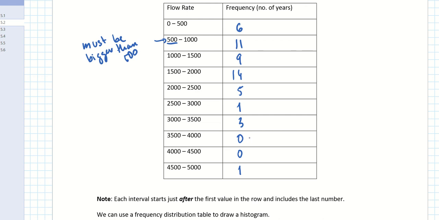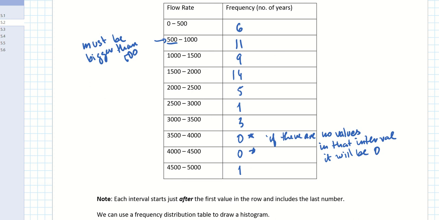So if you don't have anything, you're going to include a 0 here because you need to graph this, so you need a value. So you're going to replace it with a 0. So make a note here: if there are no values in that interval, you will replace it with 0.